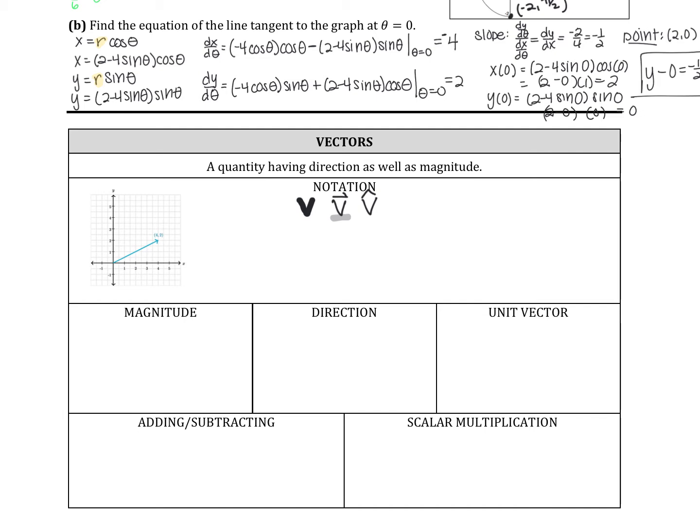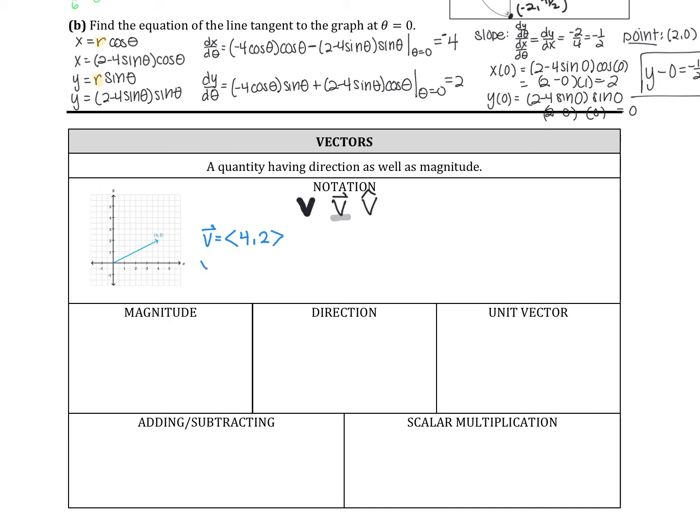Now, if we're given a picture of a vector, I have an example here that we're going to use a couple times, and you can see that its end point is 4, 2. This vector is notated with angled brackets as <4, 2>.